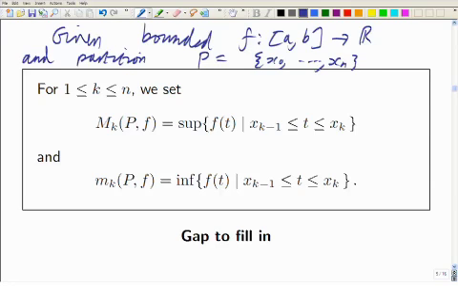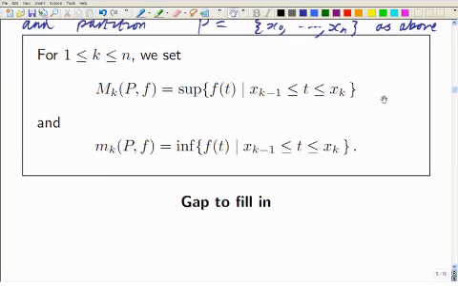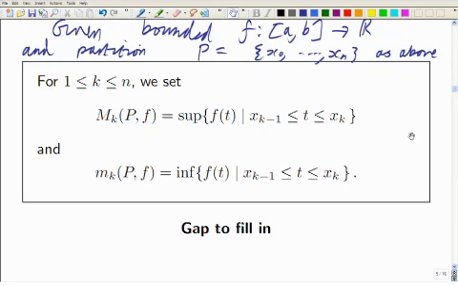You divided it up into finitely many pieces, but as above, same restrictions as before. So x0 is less than x1, and so on, less than xn. x0 is at a, xn is at b. And now let's look at one rectangle, estimating the function. So you can look at the interval between xk minus 1 and xk. This works where 1 is less than or equal to k, less than or equal to n. So I'm going to look at one thin rectangle between two points of the partition.